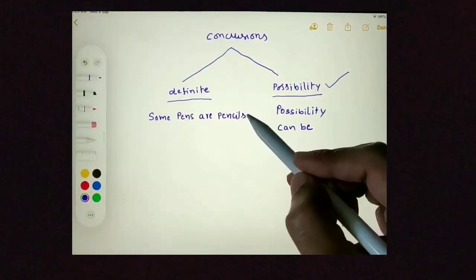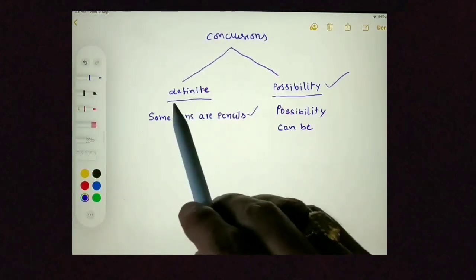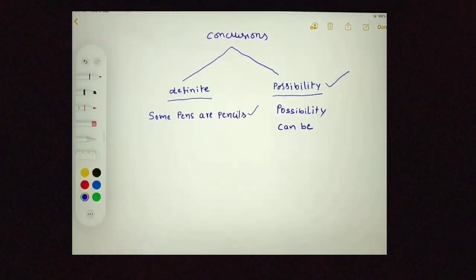Because this conclusion does not contain possibility or can be, we treat this as a definite conclusion.